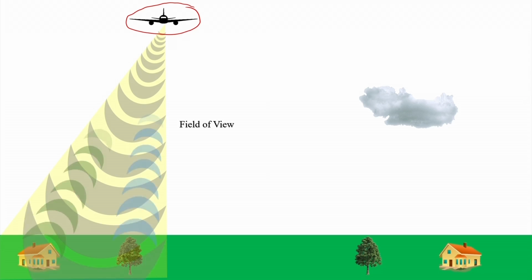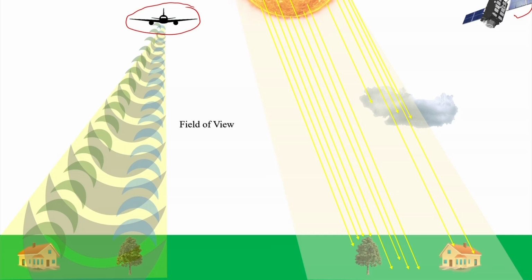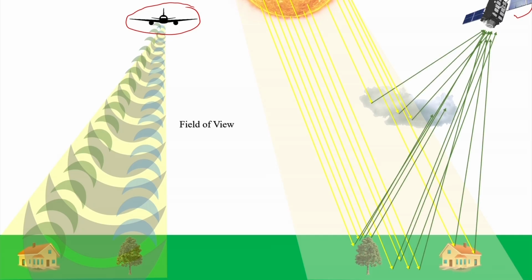So you can see the house responds later, whereas this tree has received it in the beginning. Now, in case of passive, the sun is our source and this is our satellite, right, and the sun is illuminating our surface and the back scattered energy will be received by our sensor, right.